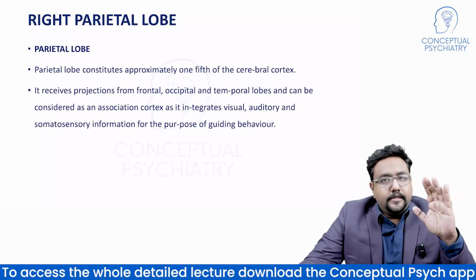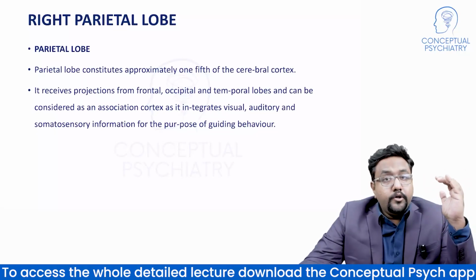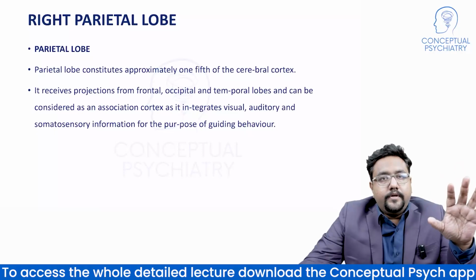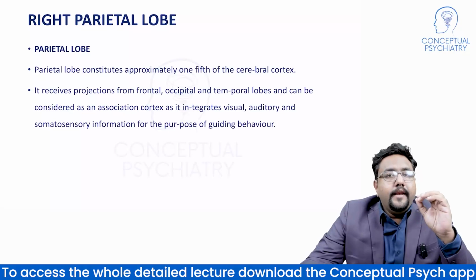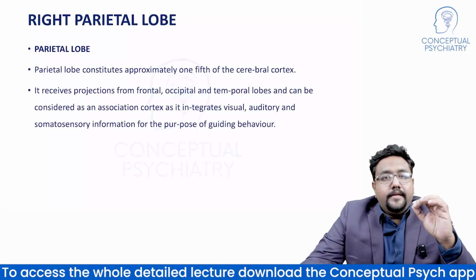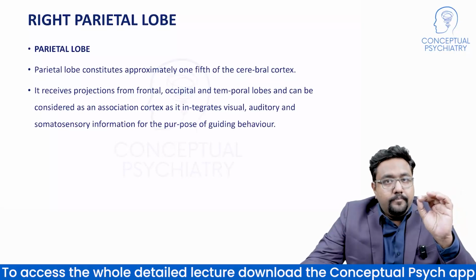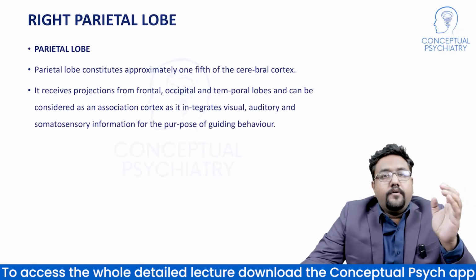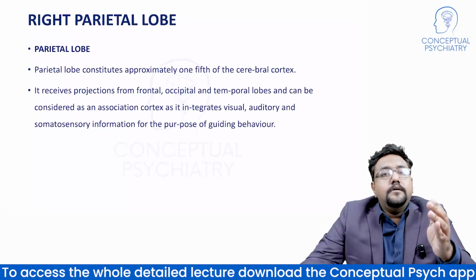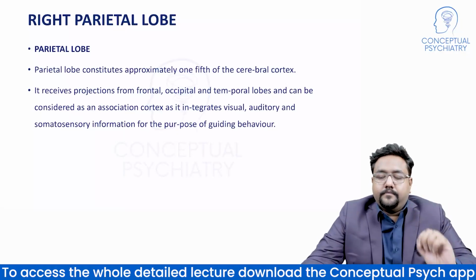There is a different lecture on neuroanatomy of the parietal lobe. This one is the right parietal lobe, and there will be another topic covering the left parietal lobe. The clinical presentation when there is damage to the right parietal lobe is very different from the clinical presentation when damage is in the left parietal lobe.